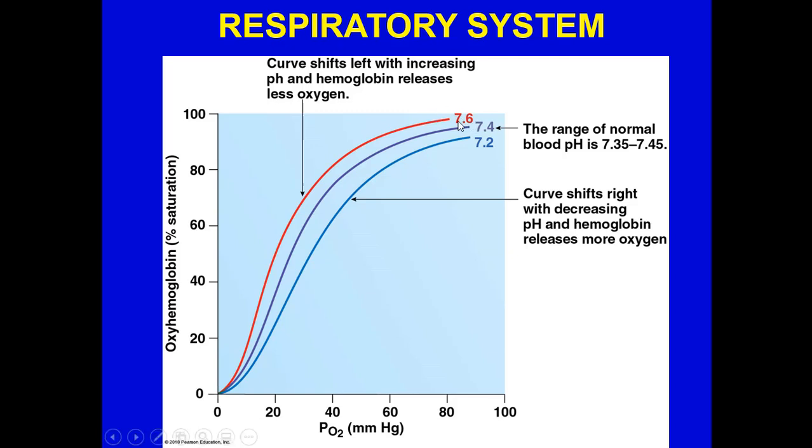So if I'm up here, I'm going to have the shifts left with increasing pH, and the hemoglobin releases less oxygen, sort of like monitoring itself. But when I start getting more acidic, it's going to be much more rapid in its release. Okay? And it only makes sense.